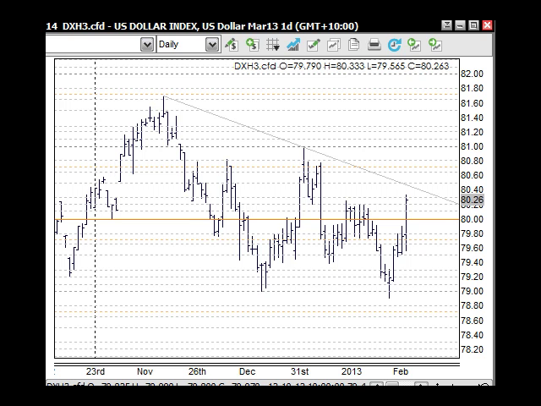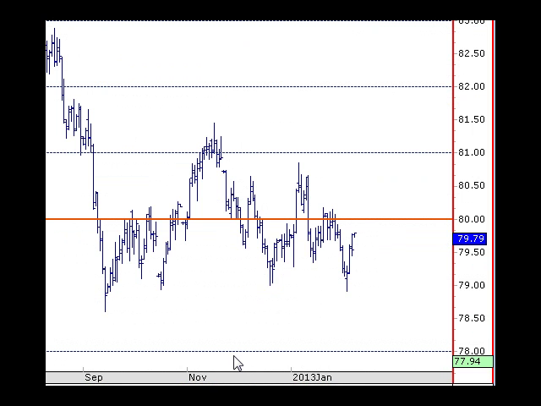So when we have a look at the bigger picture here, this is also the daily, we know that this move up through here is in three waves, okay? So that means that we know that this pattern here is corrective. We just need to allow it to play out.